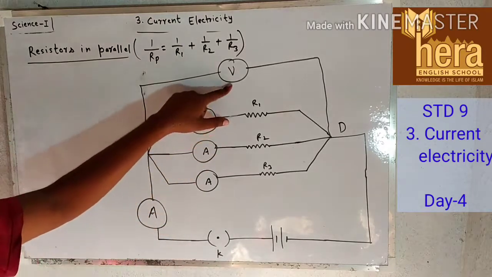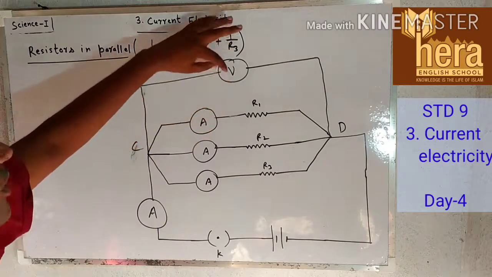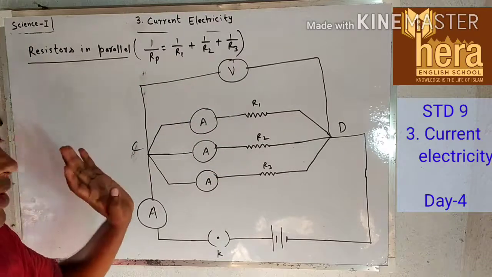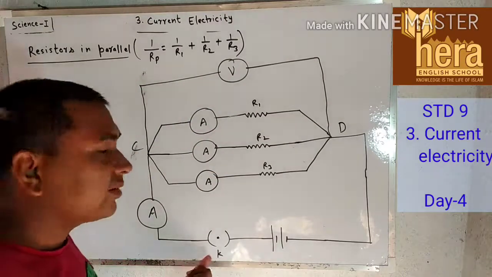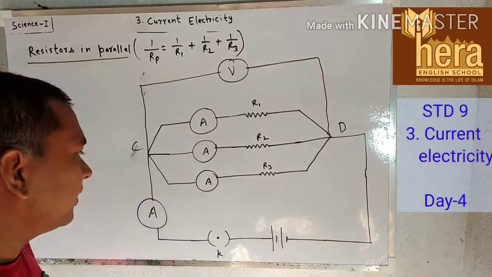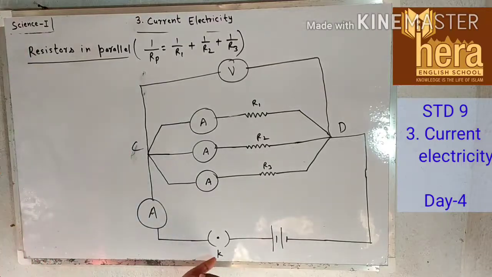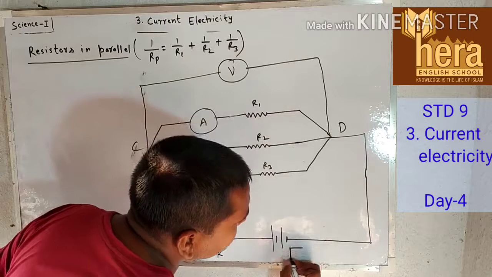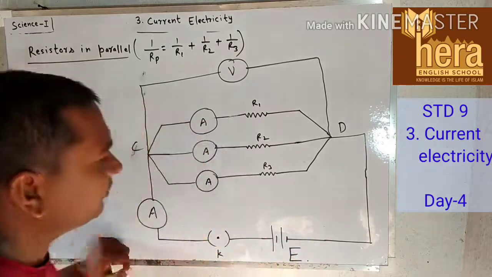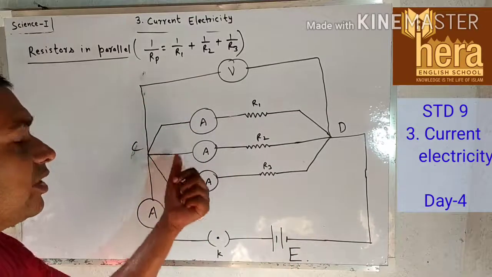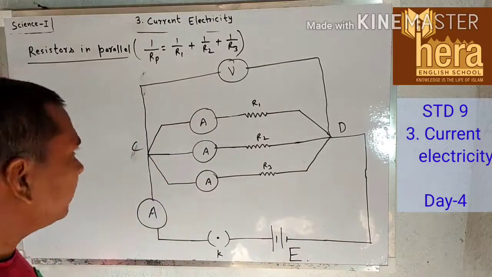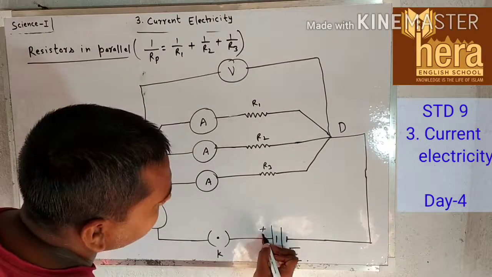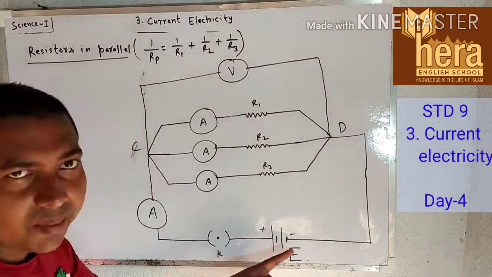V is the voltmeter which will be used to measure potential difference across R1, R2 and R3. And there is a switch, the key is the switch. Understood? And here is the battery E. E is the battery which is shown in the figure. Understood? This is the positive terminal. The smaller one is the negative terminal.